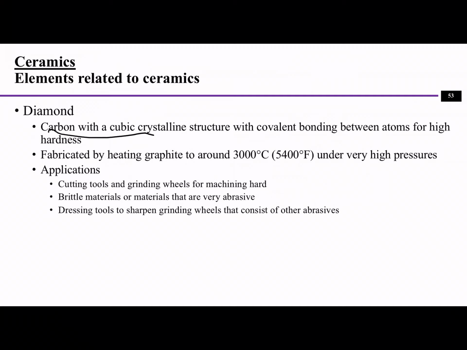It's carbon with a cubic crystalline structure with covalent bonding between atoms for high hardness. Diamond has been used a lot in cutting tools as well as grinding wheels. Remember when we were doing lab 2 about the tensile test and hardness test? In the hardness test, we have a diamond indenter for the test machine.